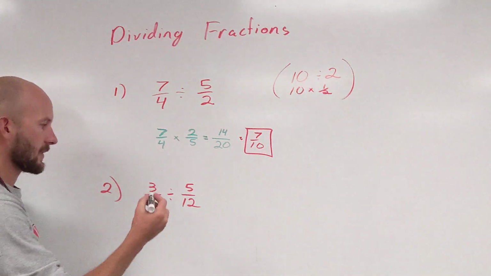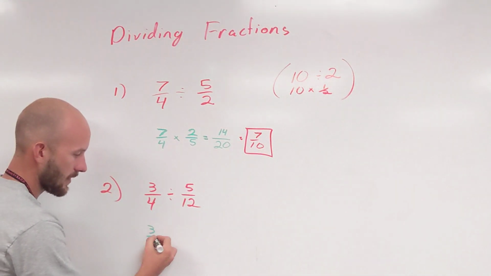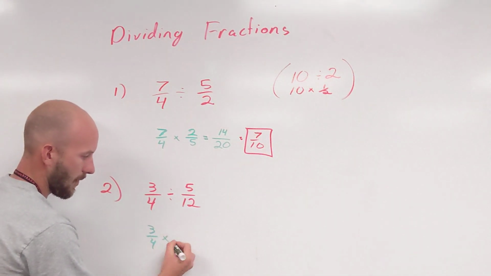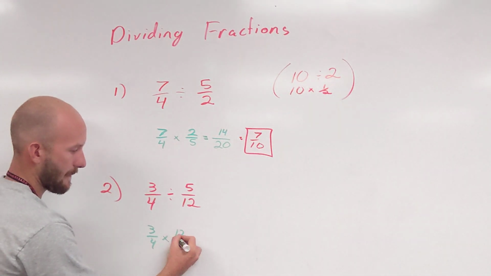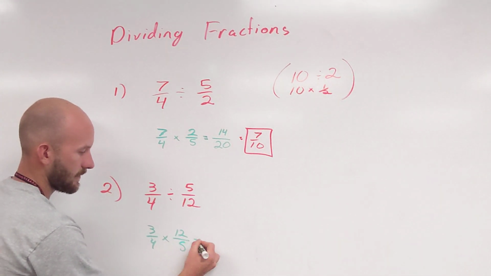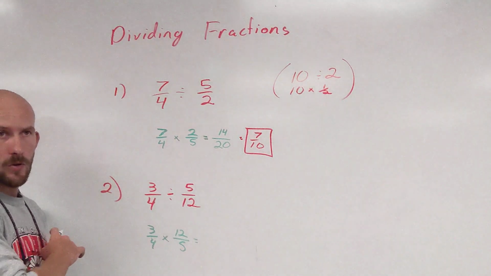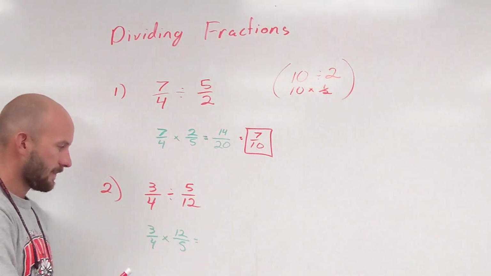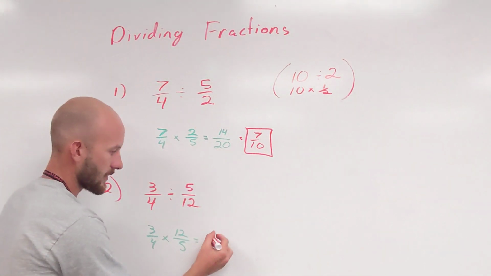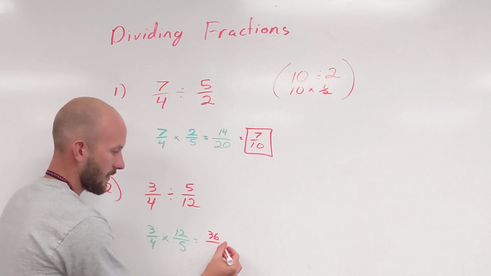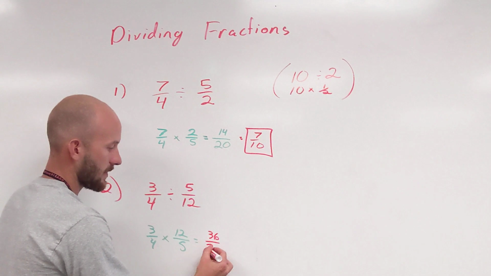If you want to skip it, that's fine. But actually rewrite it as multiplying by the reciprocal. And then you can just multiply straight across. 3 times 12 is 36. 4 times 5 is 20.